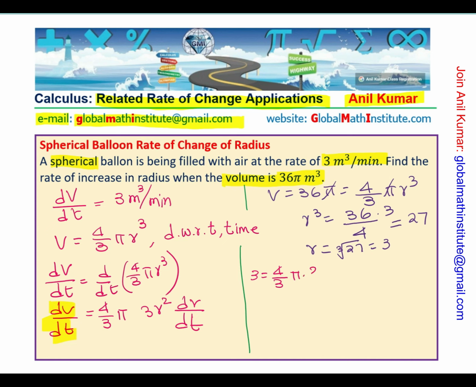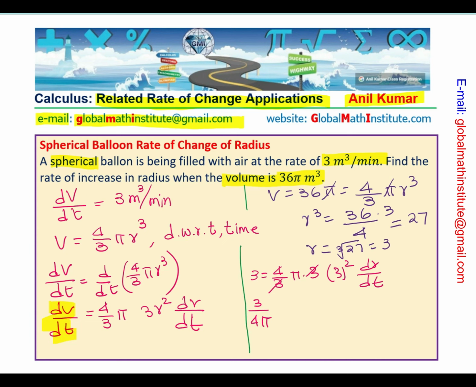And this 3 also I'm cancelling now, correct? r square means 3 square. And only thing left is dr/dt. Do you see that? So we have 3 by 4 pi, correct? And then this is 3 square, which is 9, equals dr/dt.